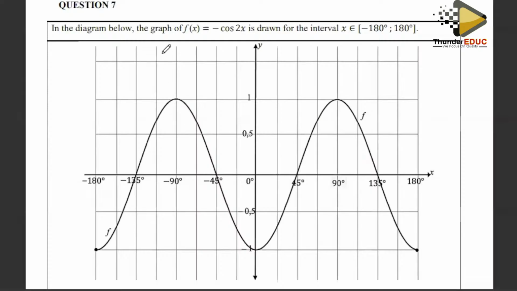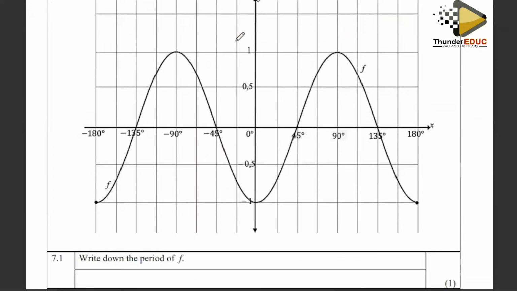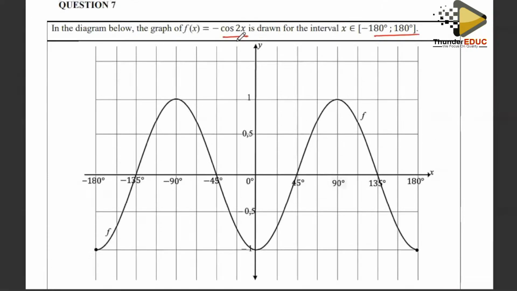All right, in the diagram below, the graph f of x is negative cos 2x within this interval. Now they want the period of f. If the graph is just cos x, the period is going to be 360. If it's cos 2x, it's going to be 360 divided by 2, which is 180.